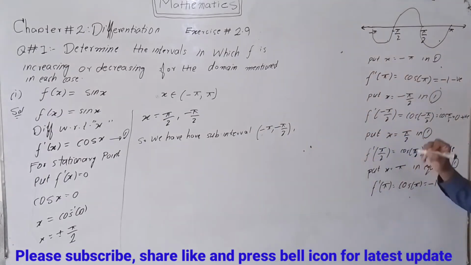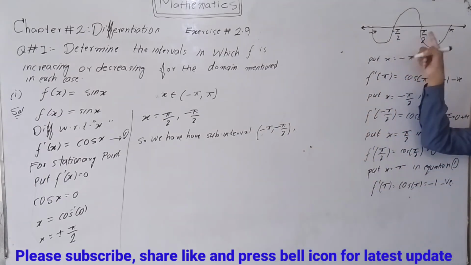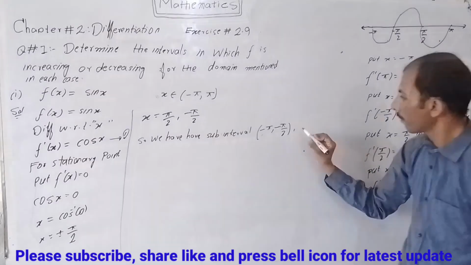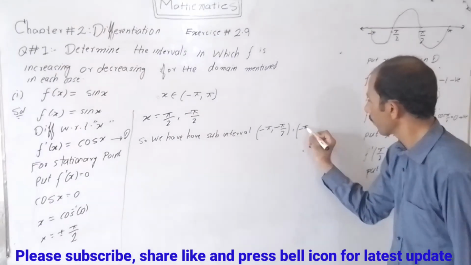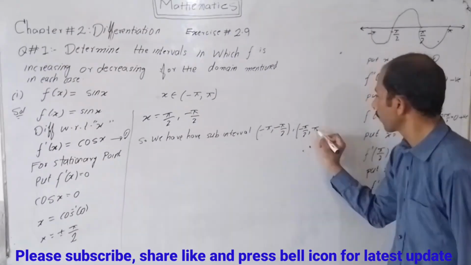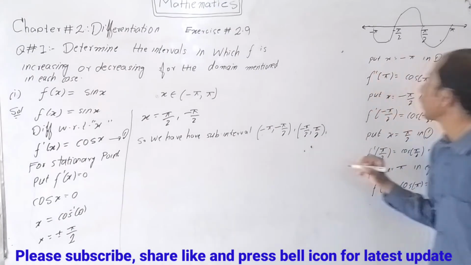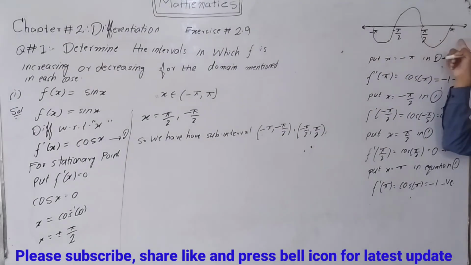Next, minus pi over 2 to plus pi over 2. Next, plus pi over 2 to pi.